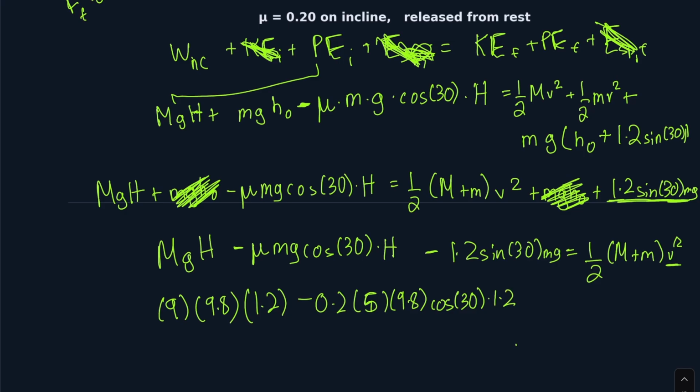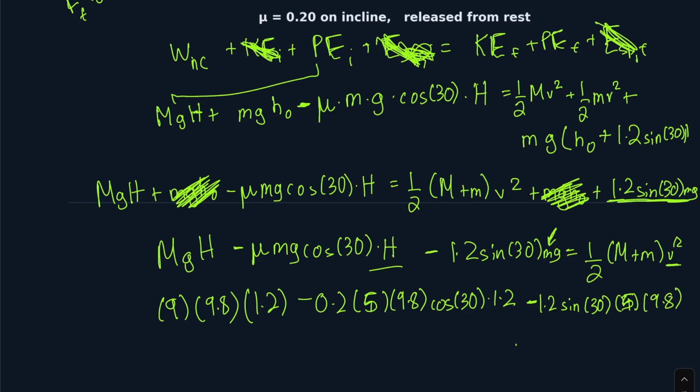Because if this block falls down 1.2, it's going to move a distance of 1.2 along the ramp, right? That's how much the rope gets translated. And then from that, I'm also going to subtract 1.2 times sine 30 times little m, which is 5, times 9.8.